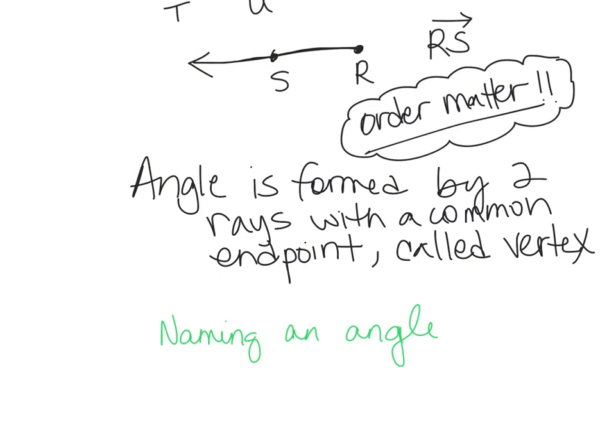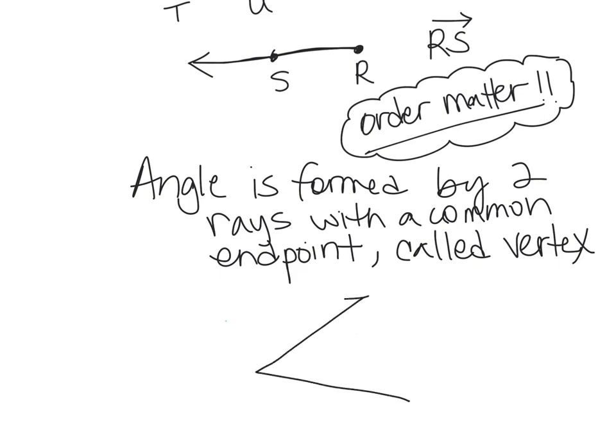So for example, I have an angle, and I'm going to call the vertex X here. I'm going to put a Y here and a Z here. So this is angle YXZ.